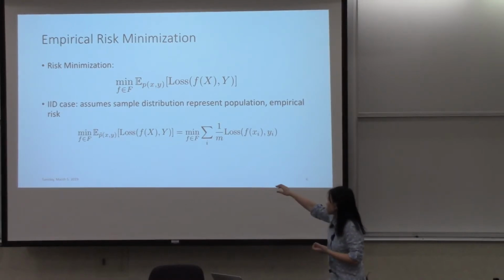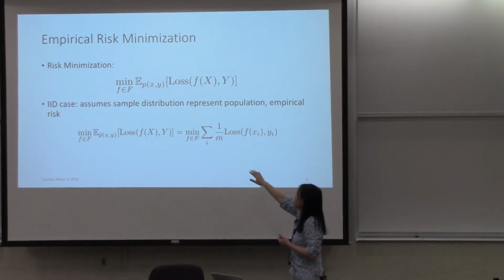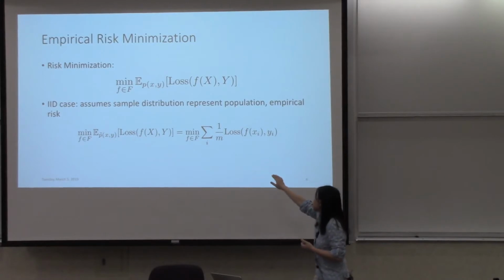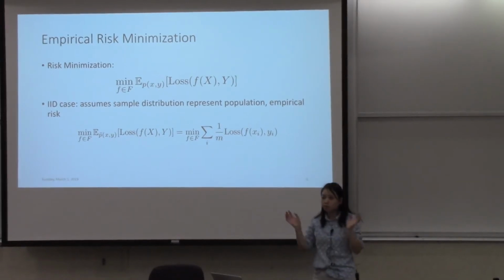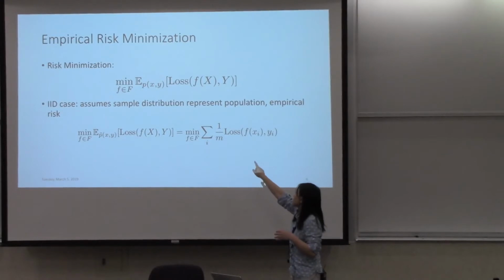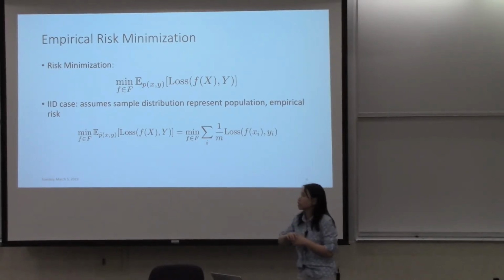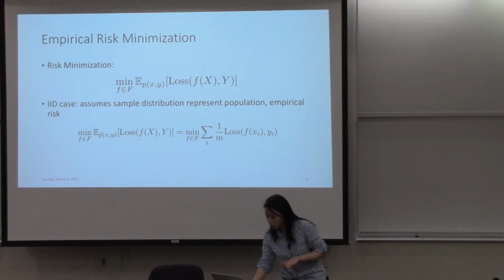So then eventually you're minimizing the mean of this, maybe you have M samples, you just have this mean of the empirical loss functions, and then you minimize that. So this is the standard way.